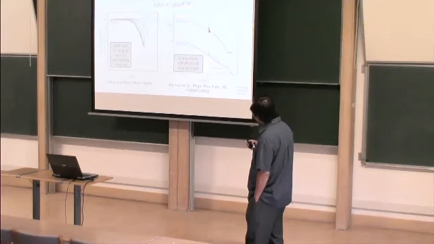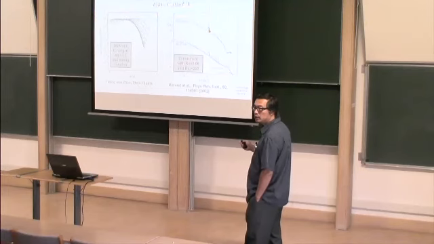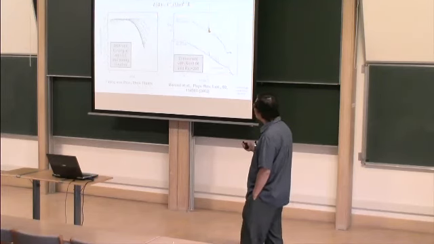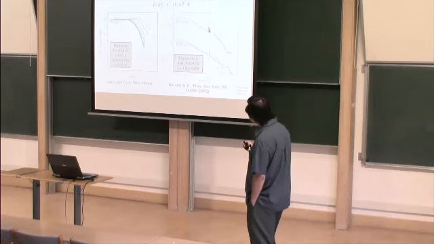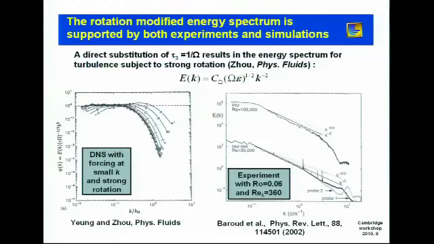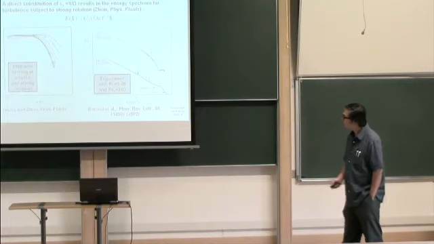Not only that, but the prefactor in front of the energy spectrum also gets modified. It not only depends on the energy flux as in Kolmogorov, but the external effect of the rotation rate also comes into play. So there are two effects: the exponent of the spectrum gets modified, and the external agency also enters as part of the prefactor.